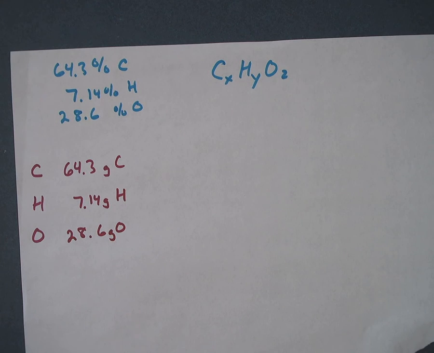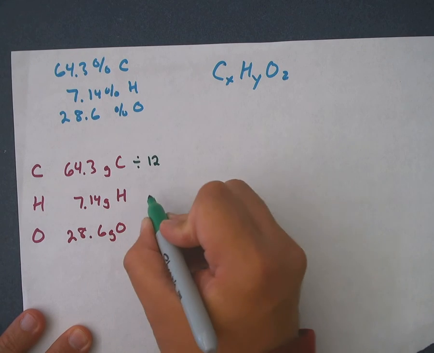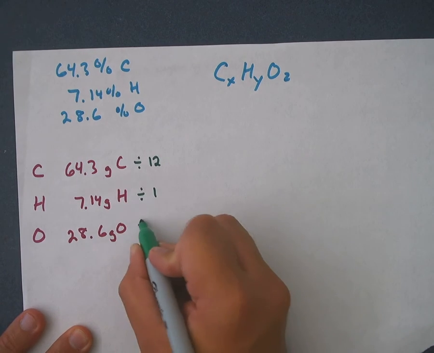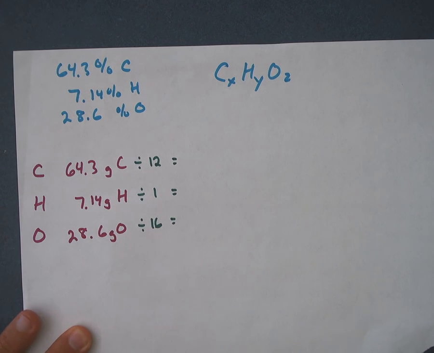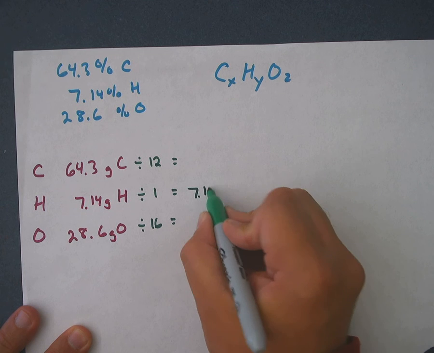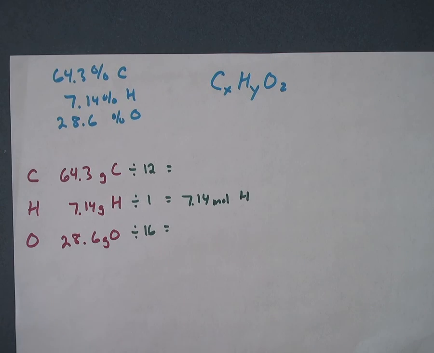Okay. Step 2 is to divide by molar masses to get to moles. So carbon's molar mass is 12, hydrogen's molar mass is 1, and oxygen's molar mass is 16. So I can do that one in my head, so I like to do that one first. And then I'll take calculator here, 64.3 divided by 12.